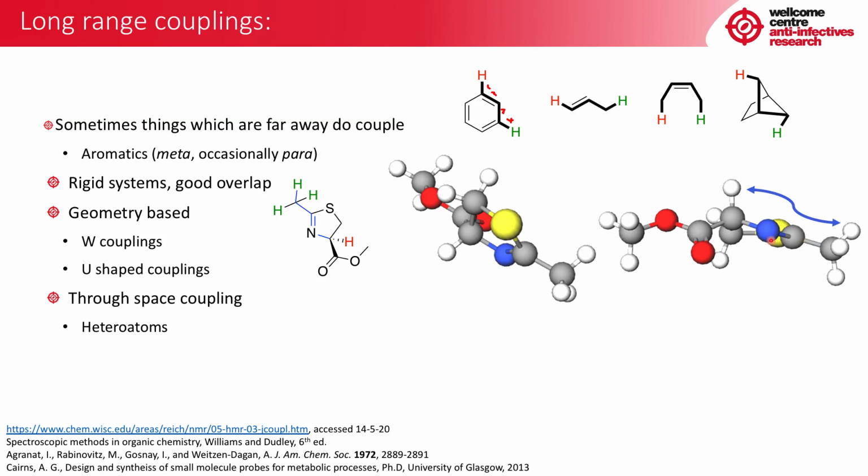So those are not something you'll see in every molecule, but seeing some kind of slightly longer range proton-proton coupling, 4 bonds, occasionally 5, is not that rare. It is something you will come across. Something that's quite a lot rarer that I just want to raise briefly is the idea of through-space coupling.